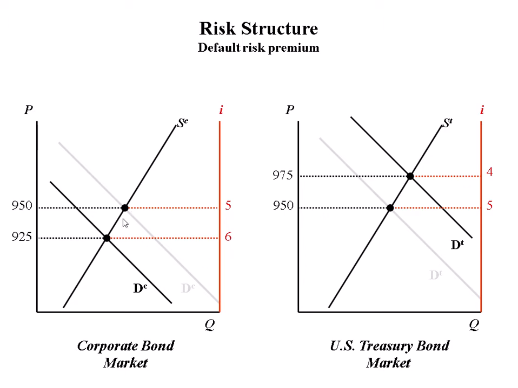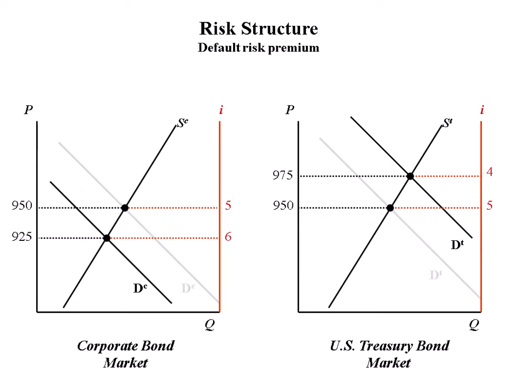Now, not everyone leaves, because as people leave this market, what happens to the price? Well, it gets bid down to $925, right? At this price, maybe people are willing to take on the probability that this corporation might go out of business.